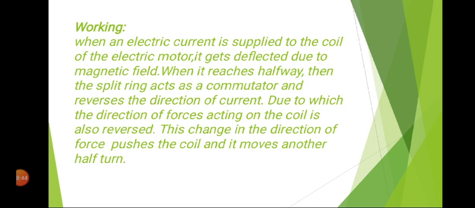Force is denoted by F, magnetic field by M, and current by C. Simply we can say that F is for father, M for mother, and C for child. The thumb is the father, father means force. The first finger is mother, and the second finger is child.